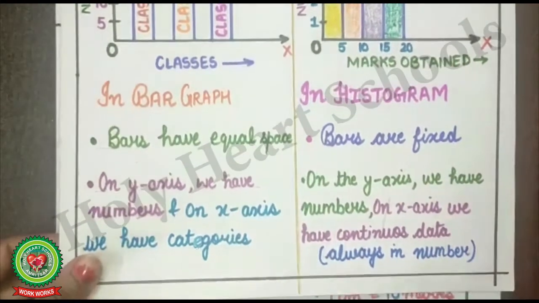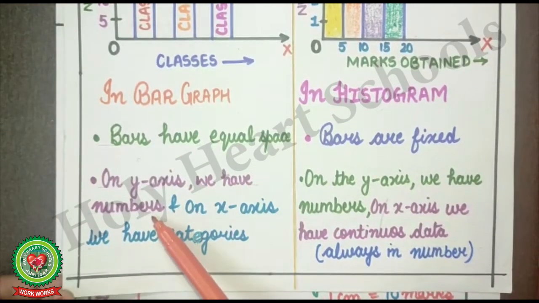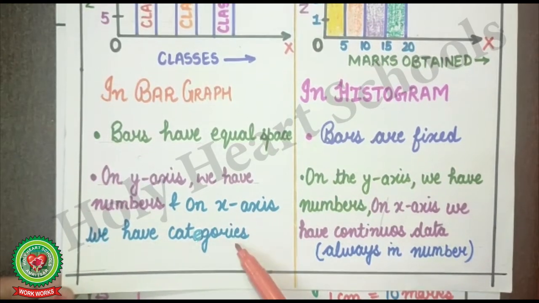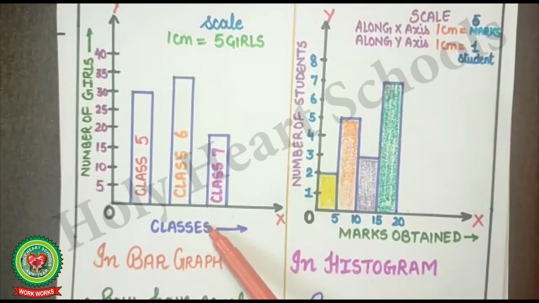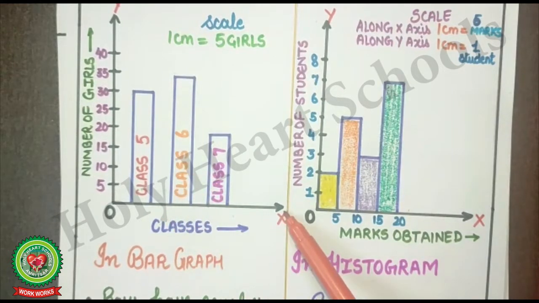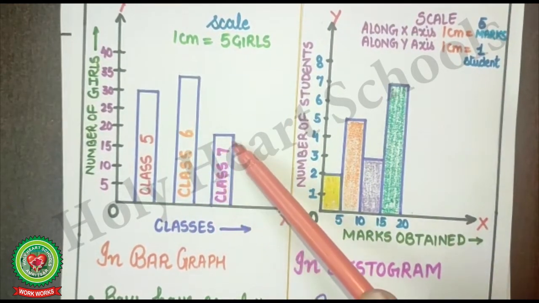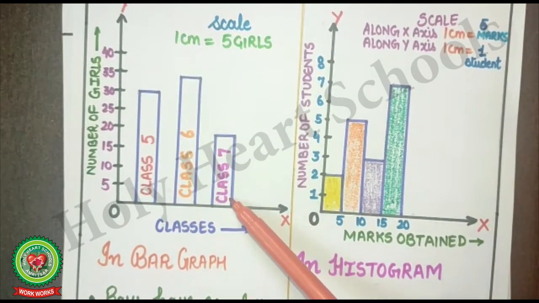Now, the next difference is about the axes. In bar graph, on the x-axis, we are having categories. Here, classes are given, class 5, class 6, class 7.